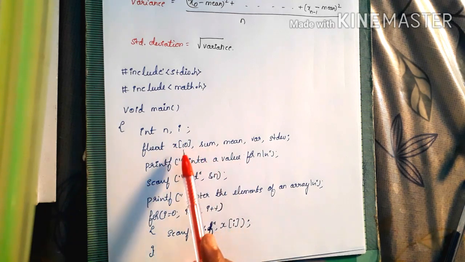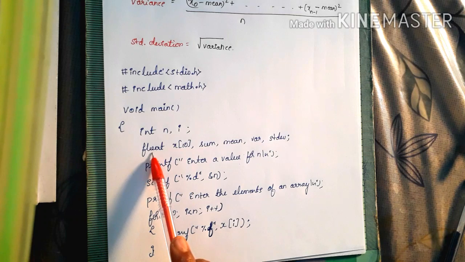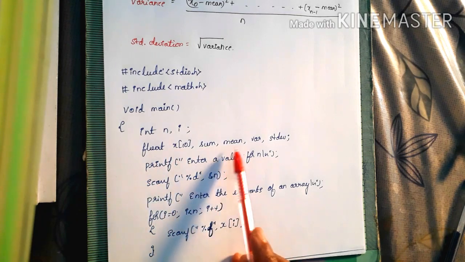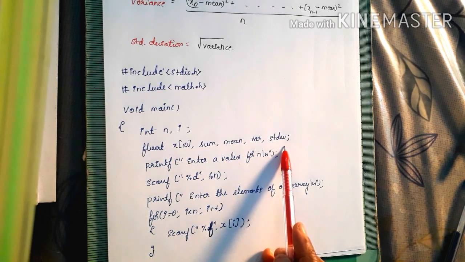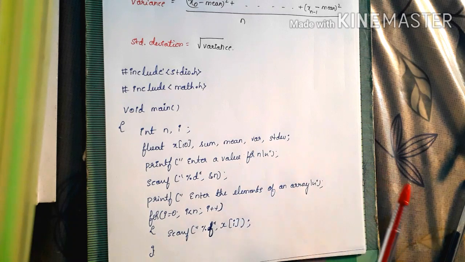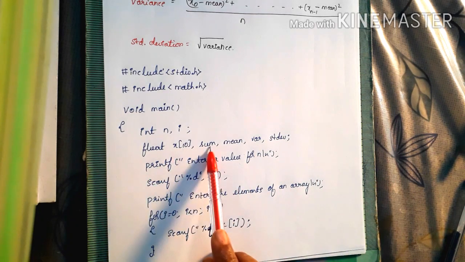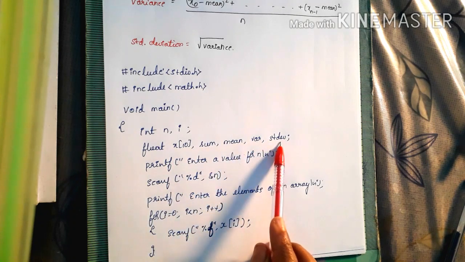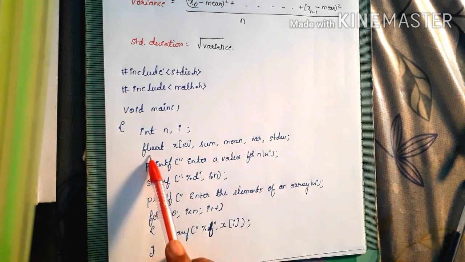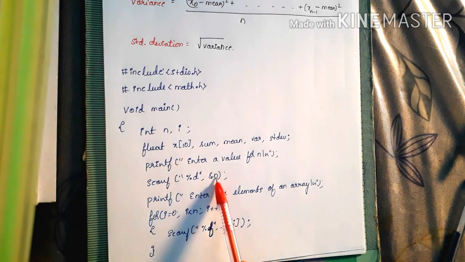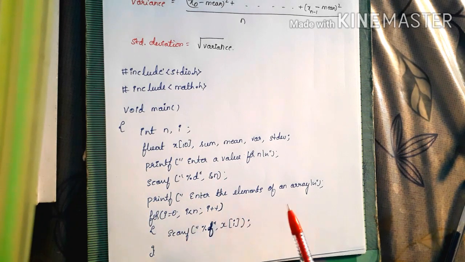Next, I have declared the array x as floating point data, because mean, variance, standard deviation, usually all these values are floating point data. So that's why I have taken the array, sum, mean, variance and standard deviation variables as floating point data. First, input a value for n, then input n elements to the array x.